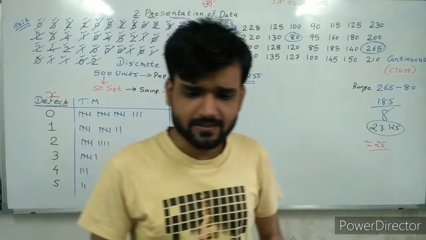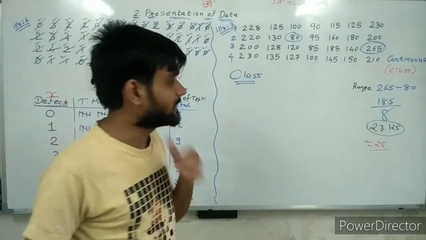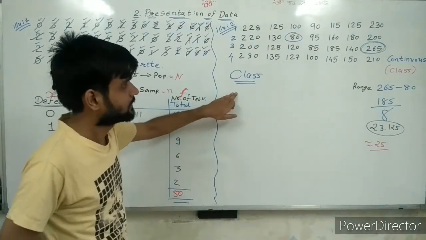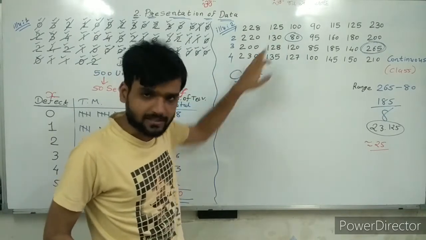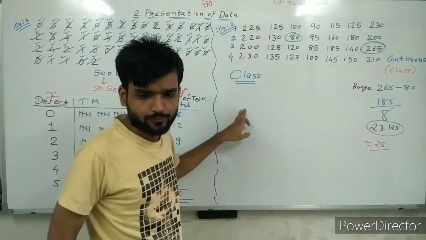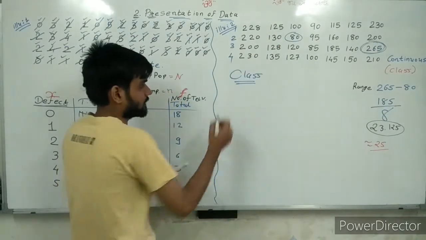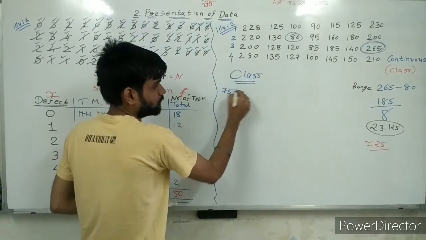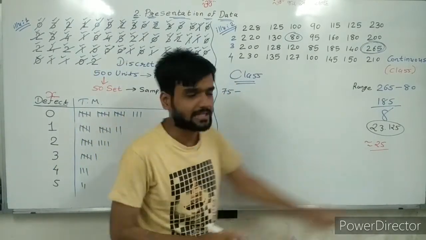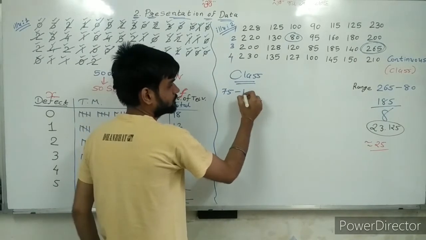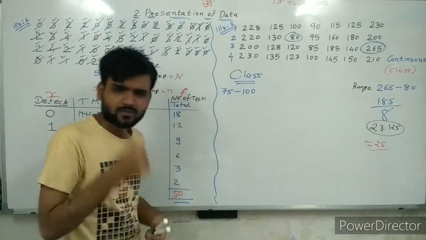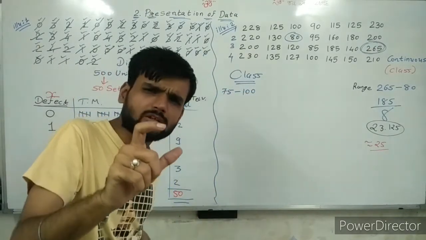Now making class length and starting, here minimum value is 80. So we can start with 80 also. But we are starting with 75, and 25 is my class length. So 75 to 100. So that calculation becomes somewhat easy.